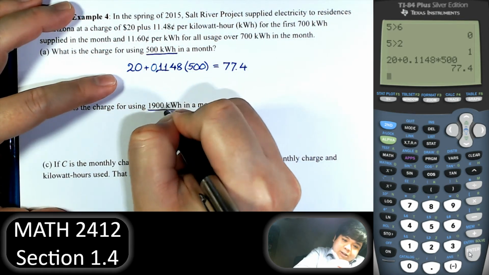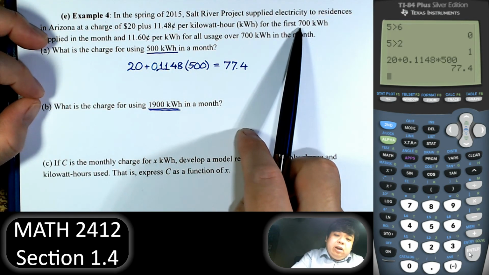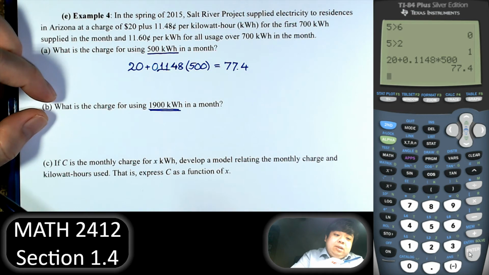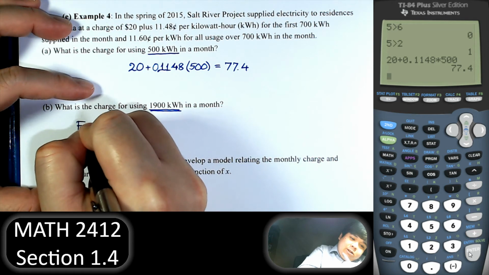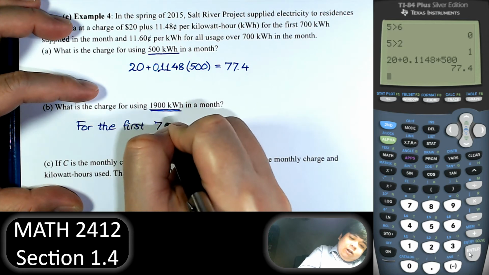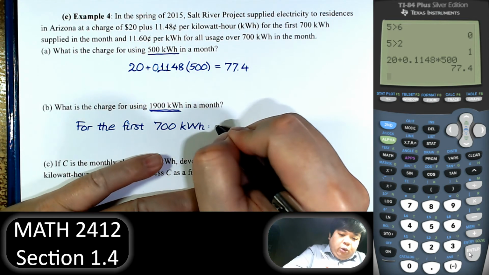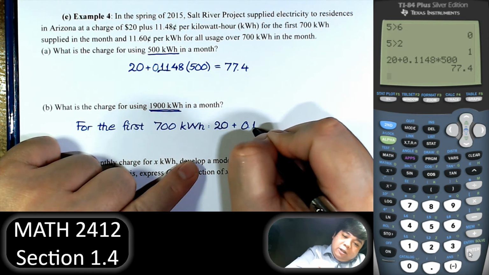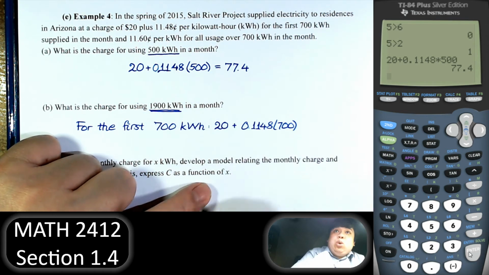Now, first of all, there are two different rates, one of which is for less than or equal to 700, one of which is for greater than 700. So, for the first 700 kilowatt hours, we have $20 plus that rate times 700.